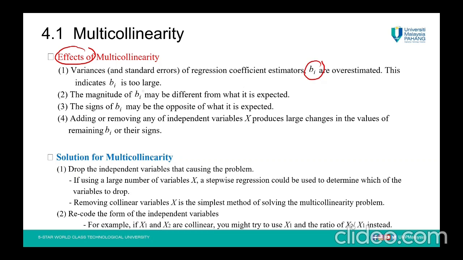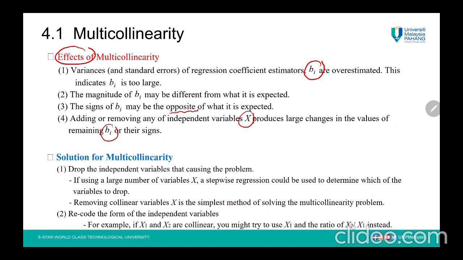The magnitude of BI may be different from what it is expected. Means that the effect now will affect the value of BI. The sign of BI may be opposite of what it is expected. And number 4, adding or removing any of independent variable X will produce large changes in the values of remaining BI or their signs.